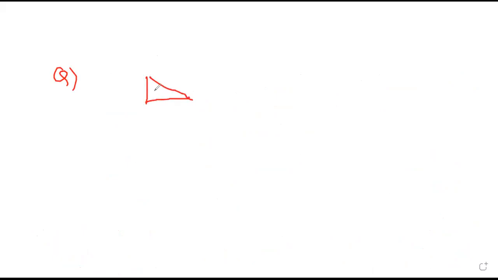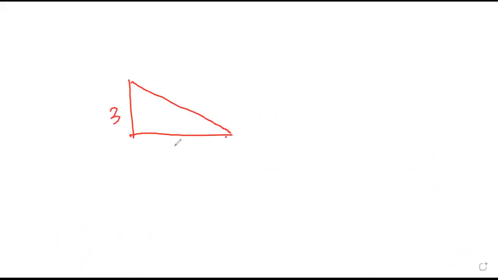Do you know, if the sides of this triangle are known? If this is a triangle having sides 3, 4, 5, and this is 90 degrees, then you know this angle will be how much? 37 degrees, and this is 53 degrees.